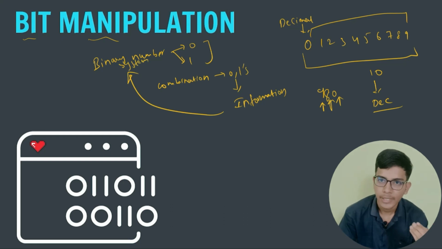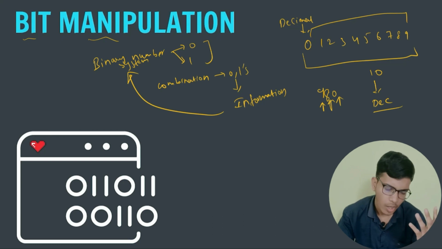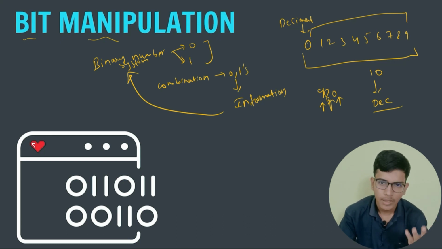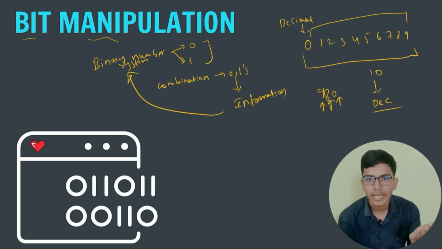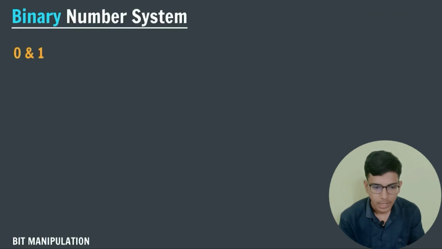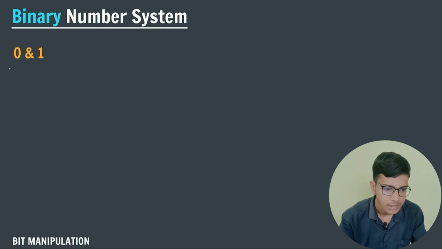Now our computer stores all the memory, all the information, all the data in the binary number system, right? So we need to understand how we can convert from the binary number system to the decimal number system, or from decimal to binary. I told you that whatever information we have is stored in the form of zeros and ones, and this is known as the binary number system.